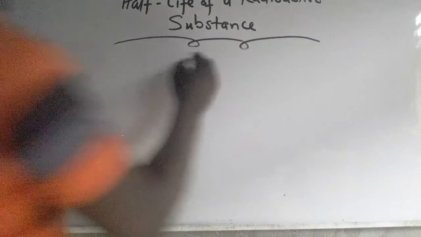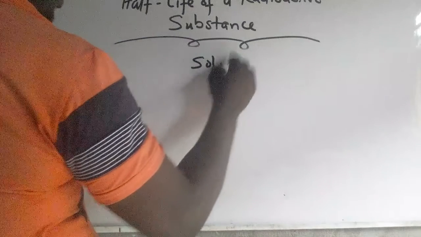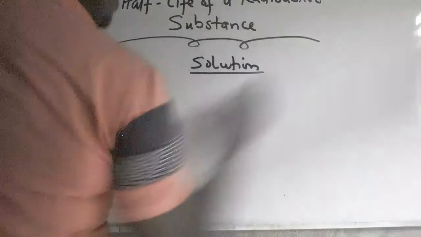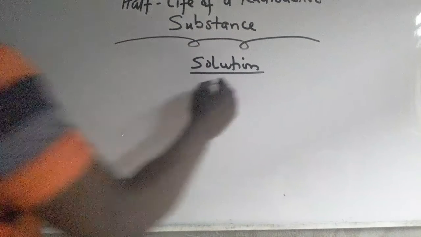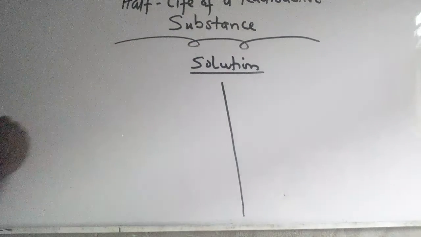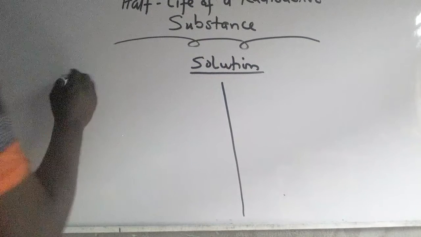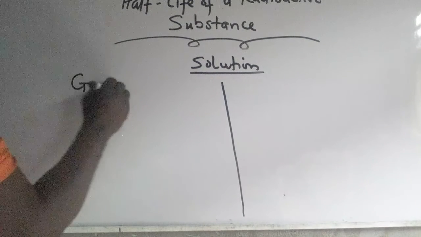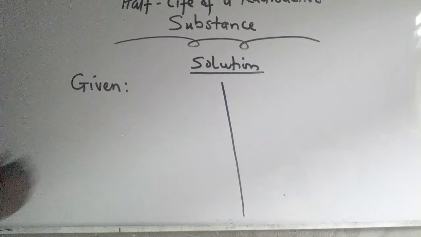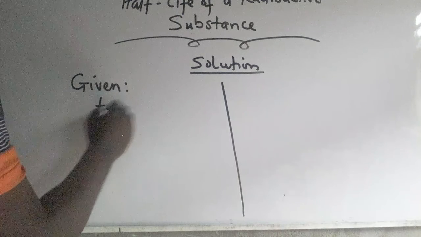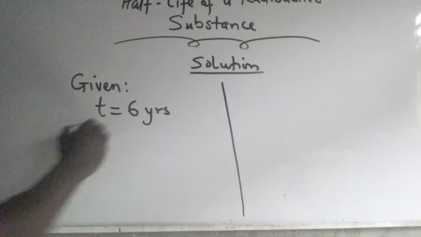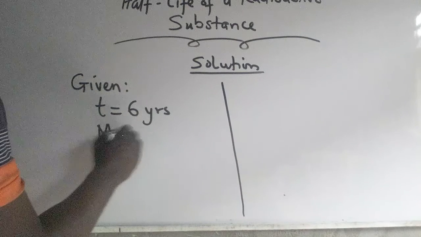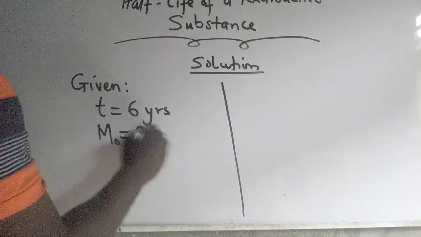A solution to this question. The first thing we do is to put down what is given to us. So we write given. t is given as 6 years. The original mass given to us is equal to 32 grams.